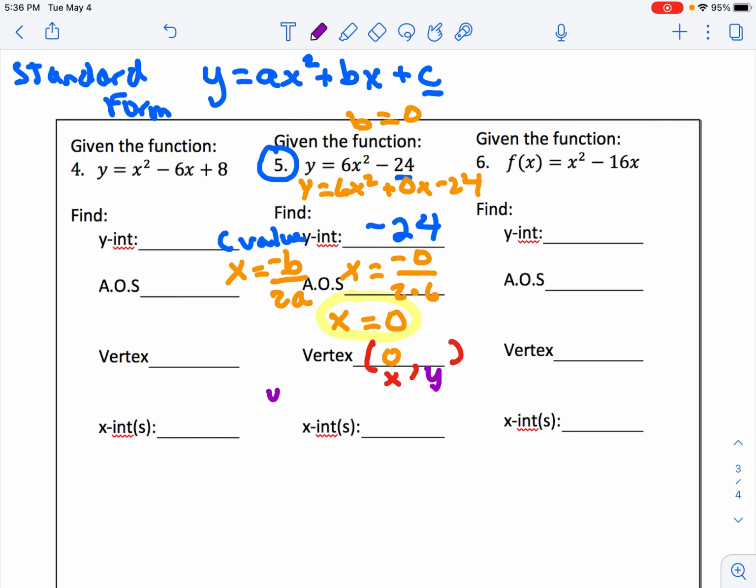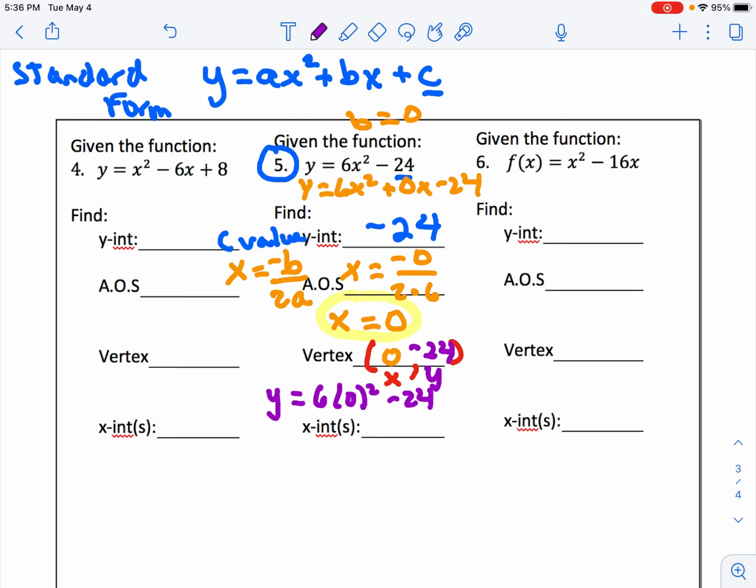So my y value when x equals 0 would be 6 times 0 squared minus 24. Well, 0 squared is 0, and when I multiply by 6, I still get 0. So my y value is negative 24.